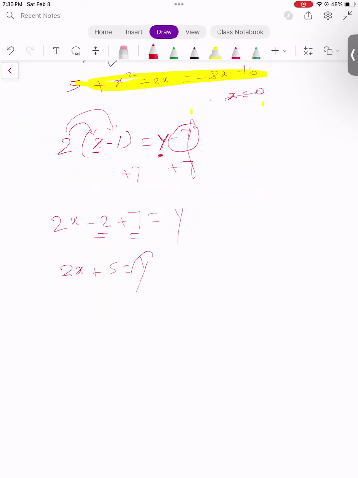Now we have y by itself on the right side and the remaining terms on the other side, and this is the solution for y. Every time you are solving, you are collecting that variable by itself on one side. You can't have any other term there, only that specific variable you are asked to solve for. Any question for this part?